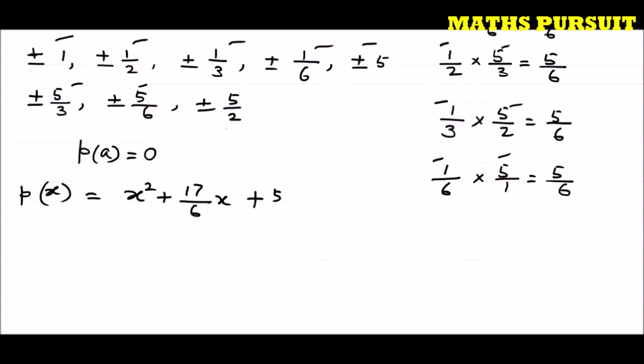If the value of x is minus 1, as I told you, I will be testing with negative numbers. P(-1) is equal to (-1) squared plus 17 upon 6 into minus 1 plus 5.